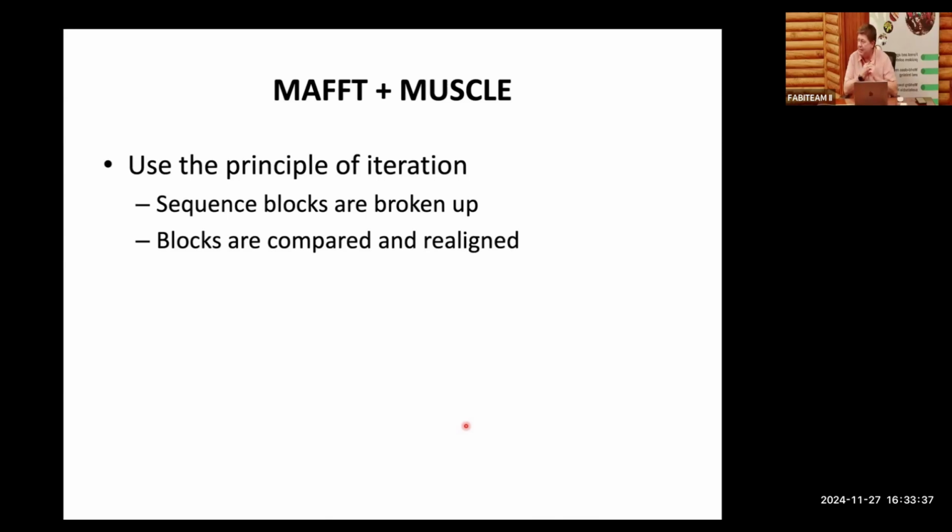MUSCLE has a name too, I can't remember it, but never mind, you can read it up. They both break these sequences up and then realign them so that you get to the optimal alignment. If you do alignment in MAFFT, typically we specify how many iterations should be used in your alignment.